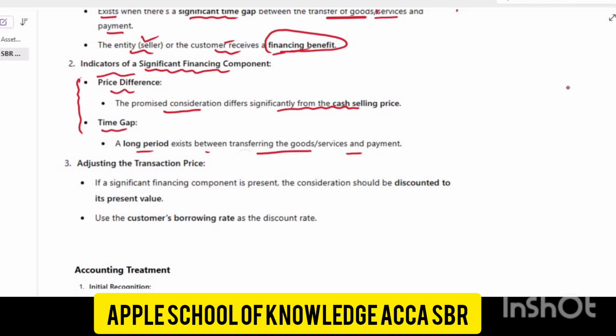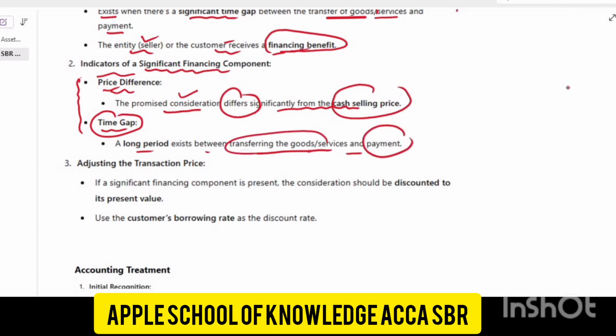So when the promised consideration is different from the cash selling price, then it means that there is a significant financing component. And if there is a difference between the time of transferring the goods and services and the payment, it means there is a significant financing component. Then you will adjust the transaction price.